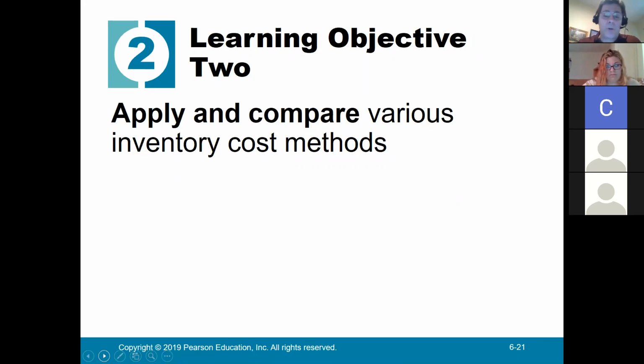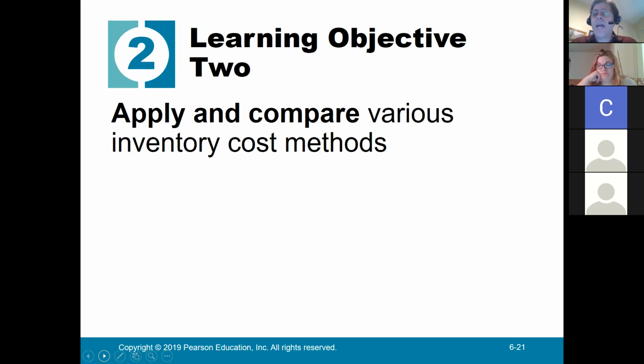But I think the term cost method actually sounds like we've created multiple ways to actually do the accounting. And the point is, the T accounts, the journal entries look exactly the same. These assumptions only affect the amount of the cost per unit. That's it. All right.